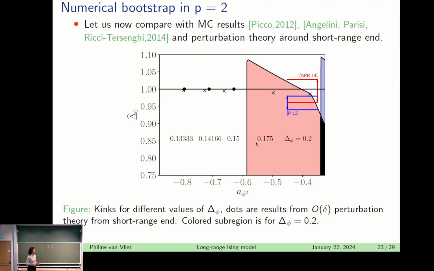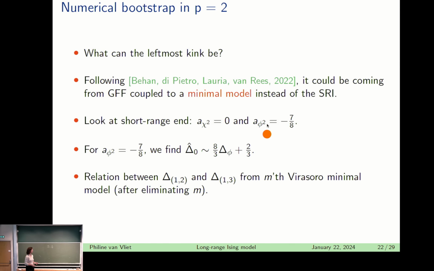And this is exactly the relation between two conformal primaries in the Virasoro minimal model. But at this point, this is an observation that we made, but we haven't actually constructed the model and done any computations for this. So this is something that we would like to further look into.